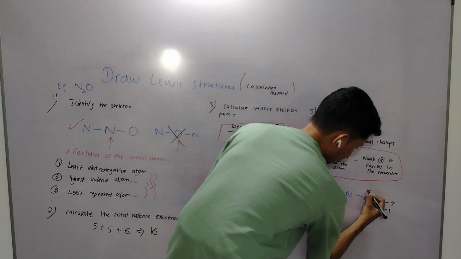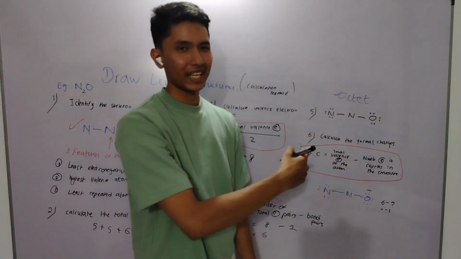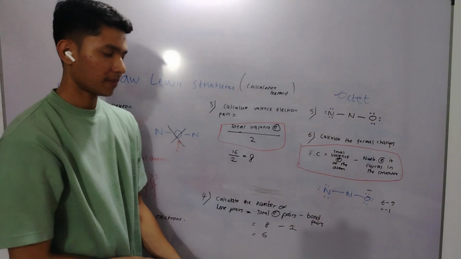So there will be minus 1 on oxygen. We usually just indicate it as minus.